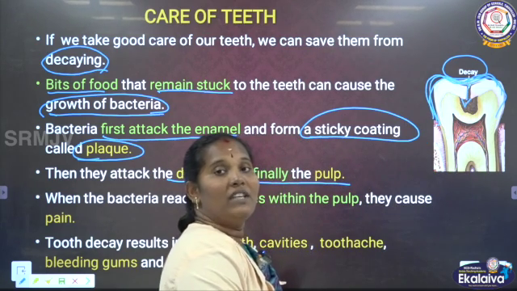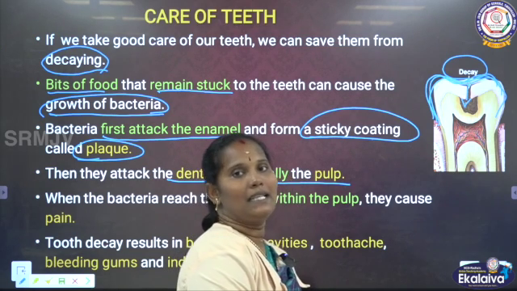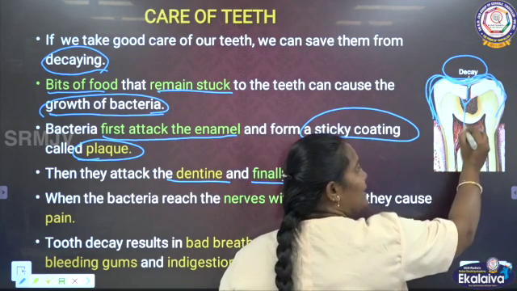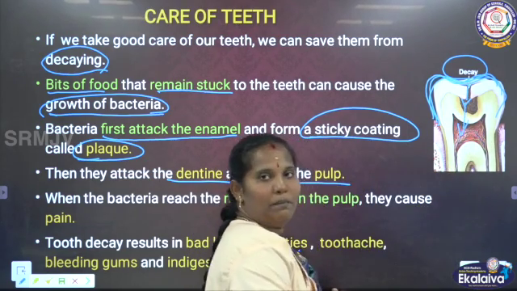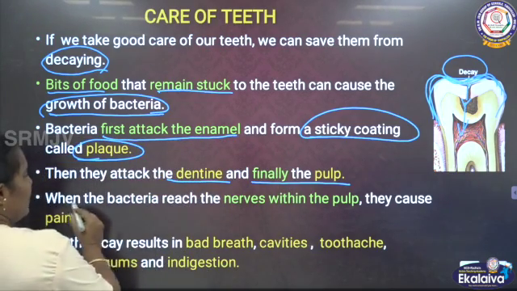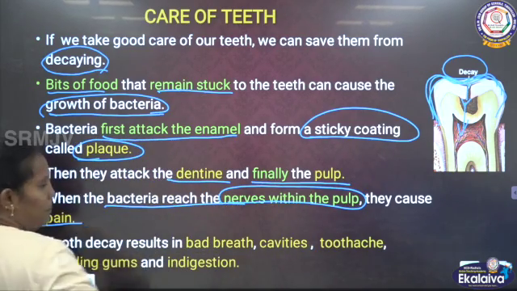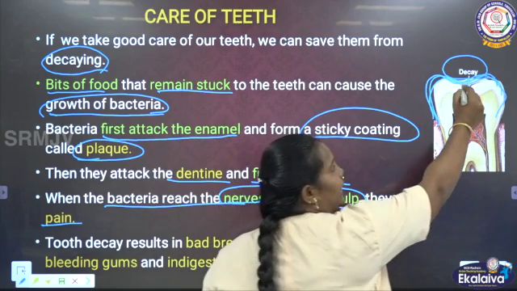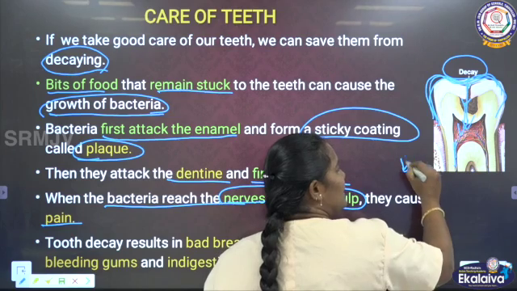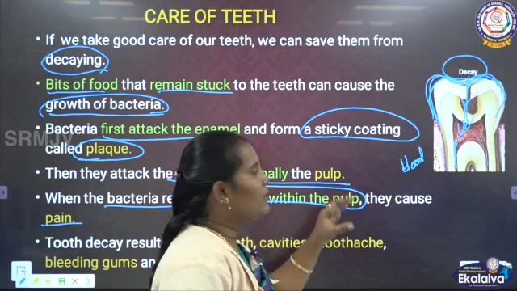We saw the pulp is a very soft substance, and it has nerve cells and blood vessels. When the bacteria reach the pulp, that is the time we get pain in our teeth. When the bacteria reach the nerves within the pulp, they cause pain. So we get the pain when they attack the pulp part.